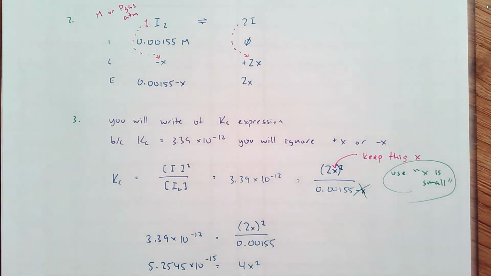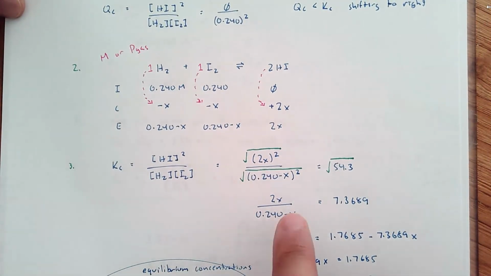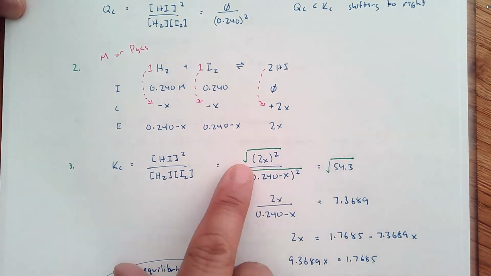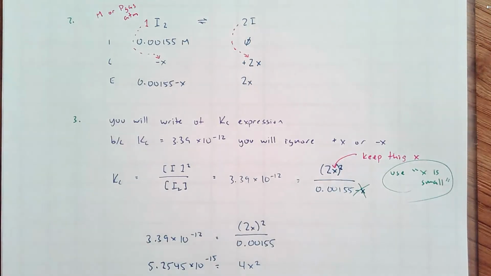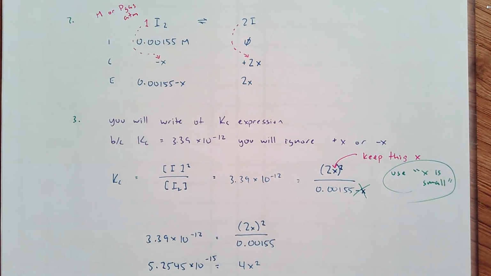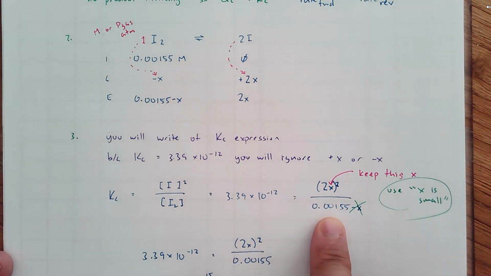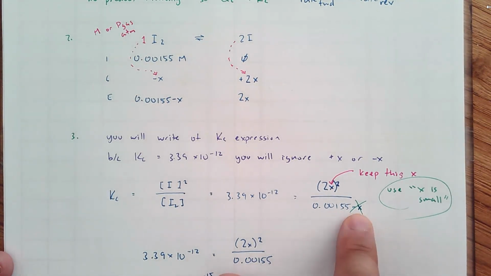In our previous examples, and I have one here, you don't get rid of this X, because you could solve for X very simply by taking the square root of every term. So again, this X is small approximation is if you think you're headed towards having to use a quadratic, and we were. We would have had to use a quadratic if we didn't get rid of this minus X.